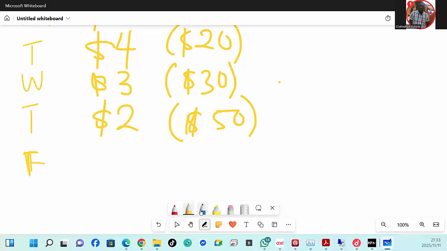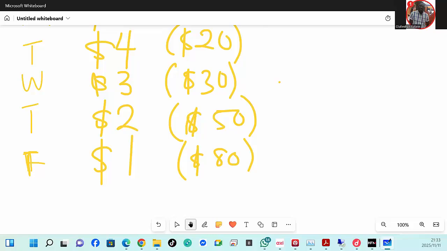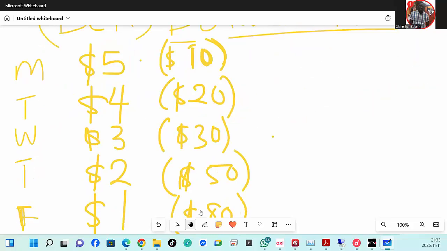On Friday, MTN fell again to become $1. What do you do? You buy more, maybe $80 of MTN. You don't buy another asset. You buy the same asset at different prices with more quantity. You see? 10, 20.